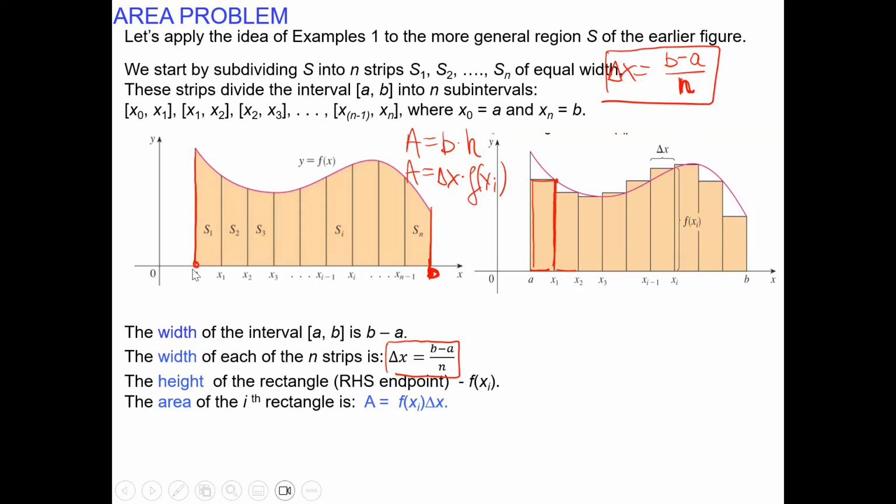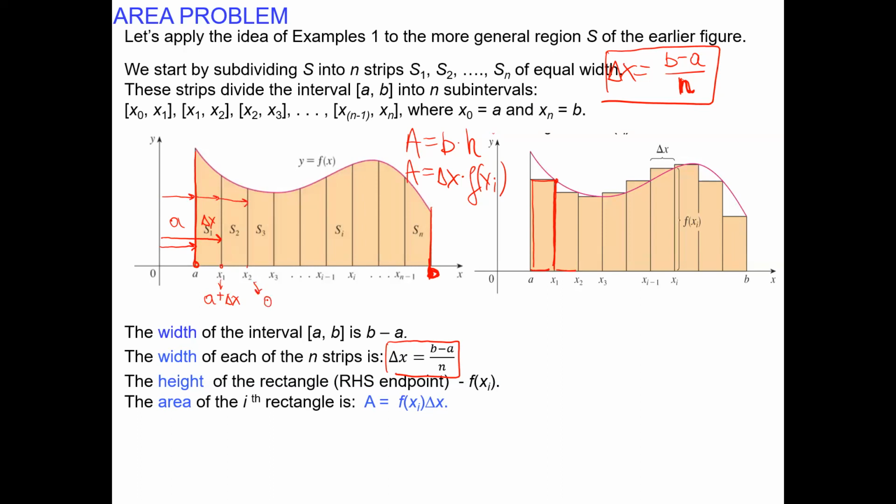That means now, if this is distance a, then this distance will be a plus delta x. That means that x sub 1 can be evaluated as a plus delta x. Now, the second sample point will be a plus delta x plus another delta x.